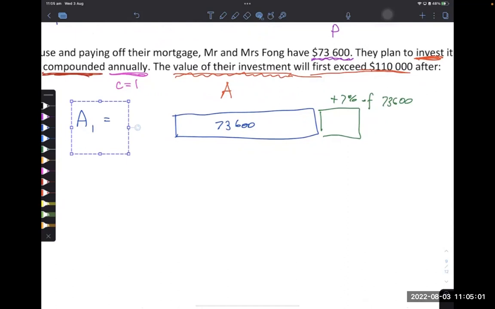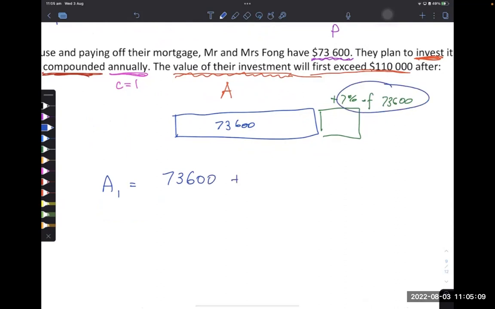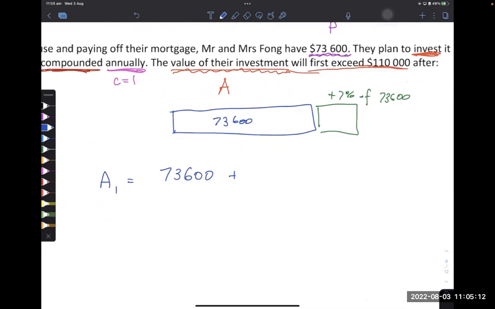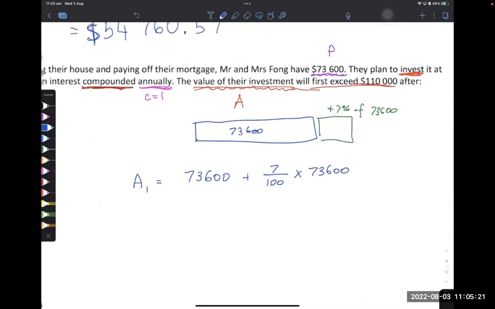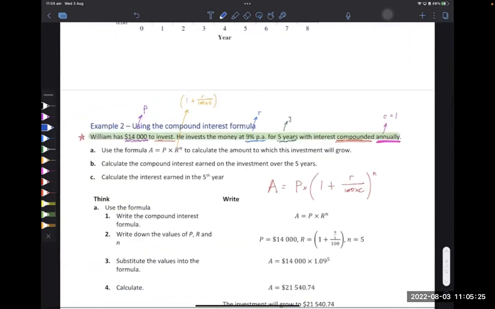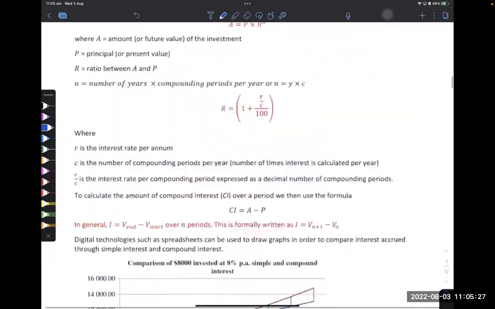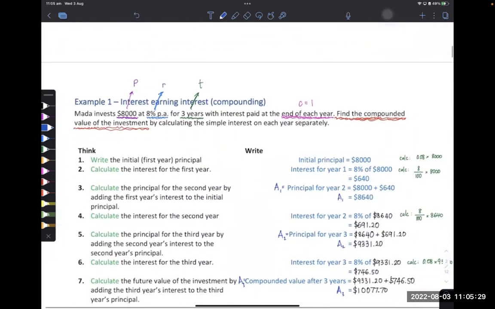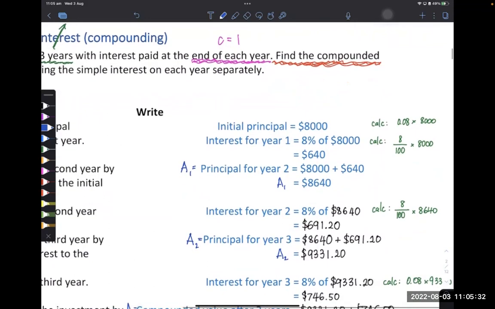So if we want to find our amount at the end of 1 year, we'll go $73,600 plus. How do we write this as a mathematical kind of formula? 7 over 100 times. Okay, let me recap this for you. Yesterday, in our lesson, what did we do here?